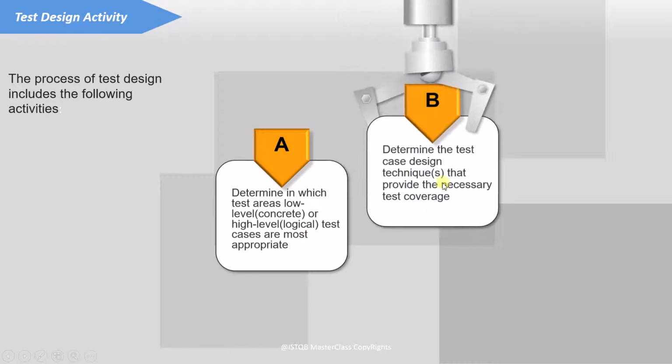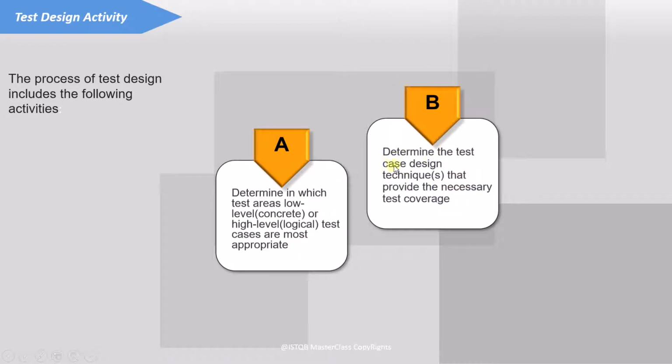The second point is to determine the test case design technique that provides the necessary test coverage. So first we have to see whether we have to go for low level testing or high level testing, and depending upon that we have to find out the test design technique.